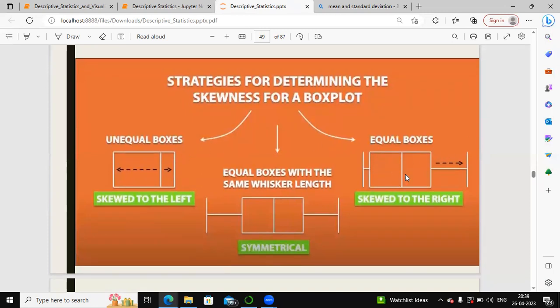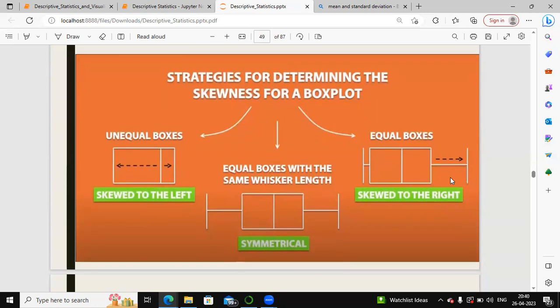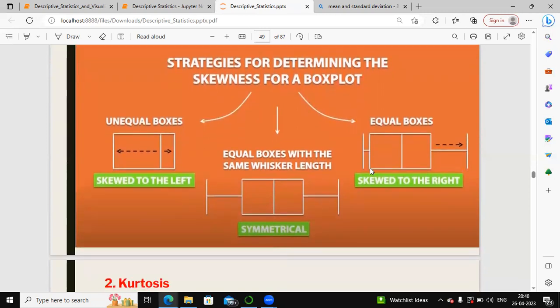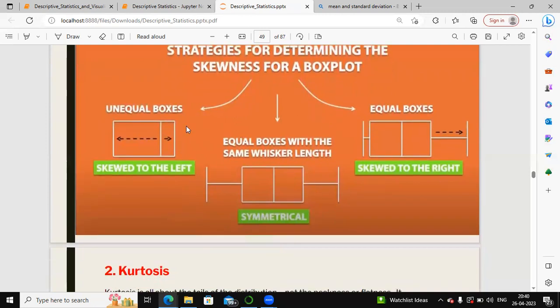If you see these equal boxes, the interquartile range is such that Q1 and Q3 are equidistant from the median. But if you see the minimum and maximum values, there is skewness to the right, where the mean is at the right side.